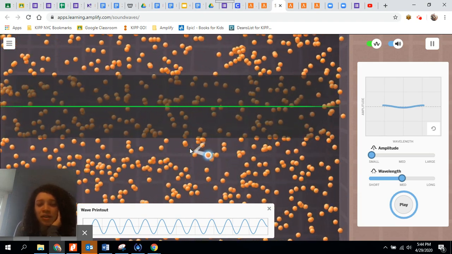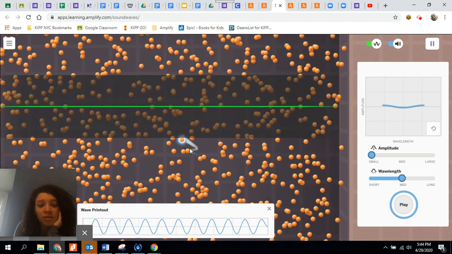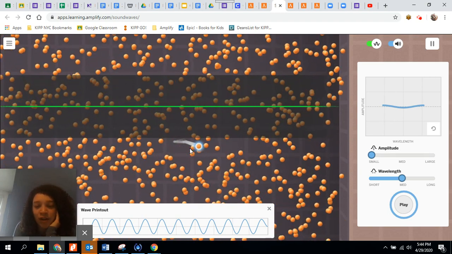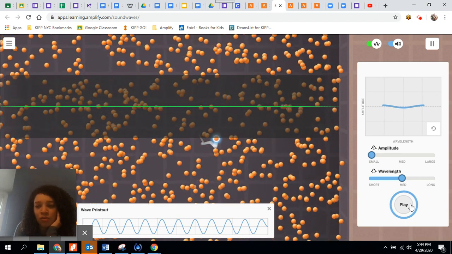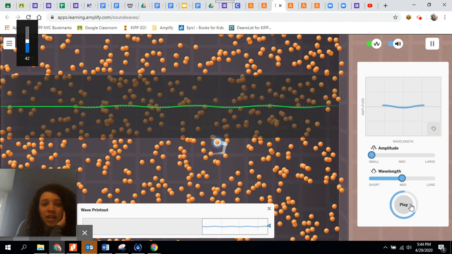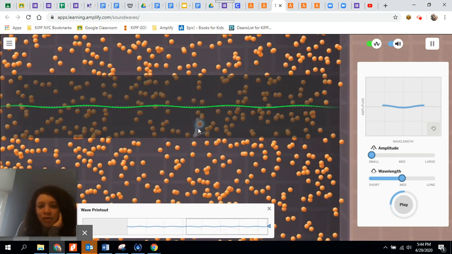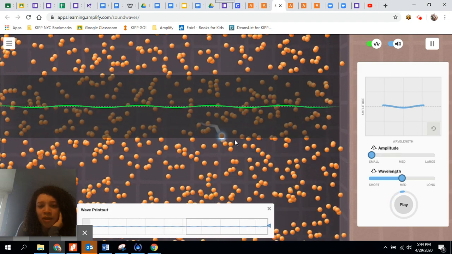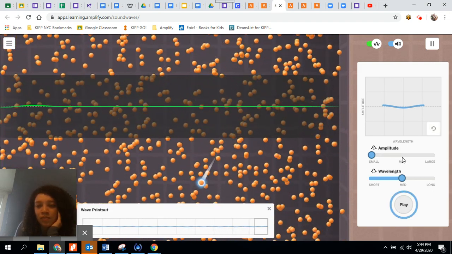So right now there's no sounds. It's just transferring some energy, but it's moving at a regular pace. If I do a small amplitude and I press play, notice you can barely hear the sound, and that same particle is just slowly bouncing as it hears that sound.